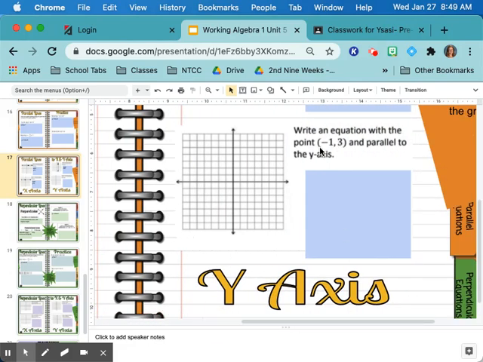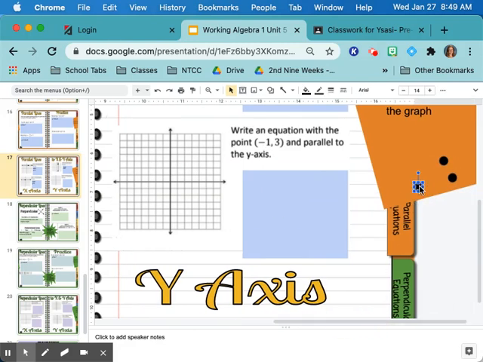Write an equation with the point (-1, 3) and parallel to the y-axis this time. Plot the point (-1, 3). It's going to be parallel to the y-axis. So which way is it going to go? Vertical.